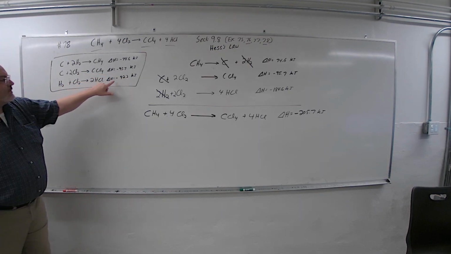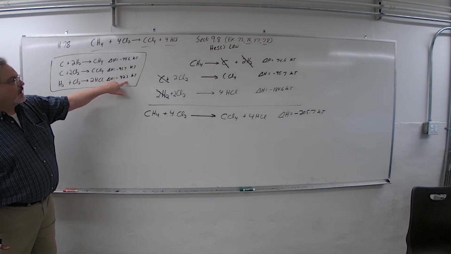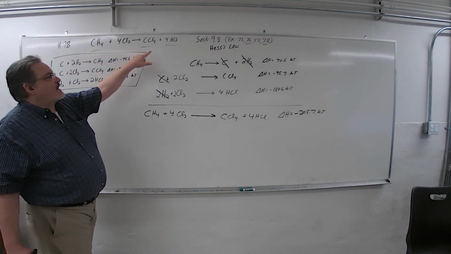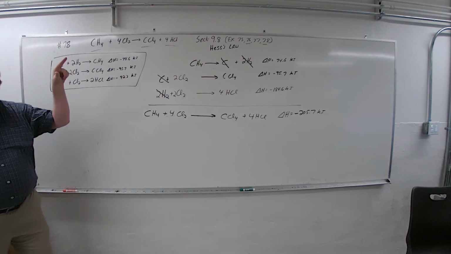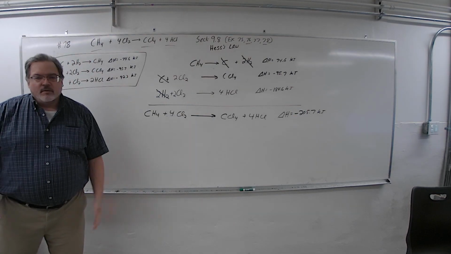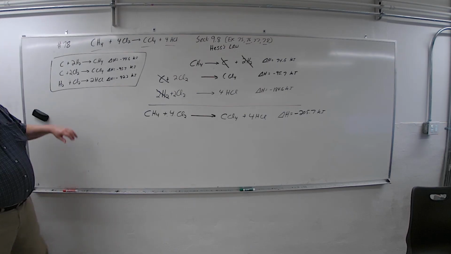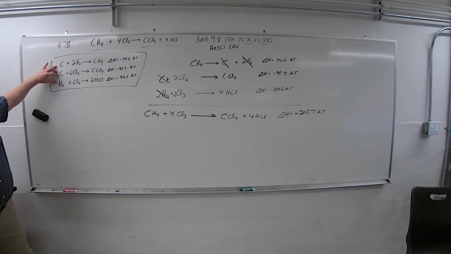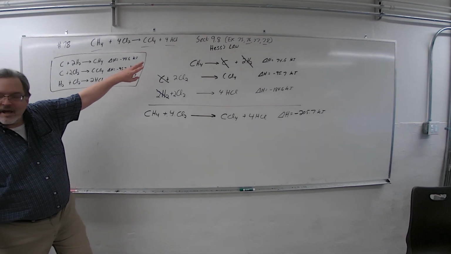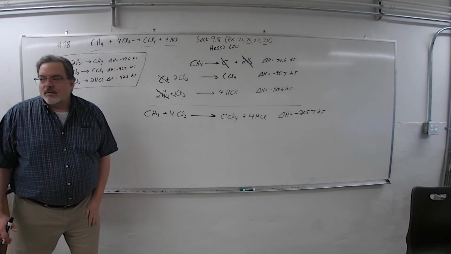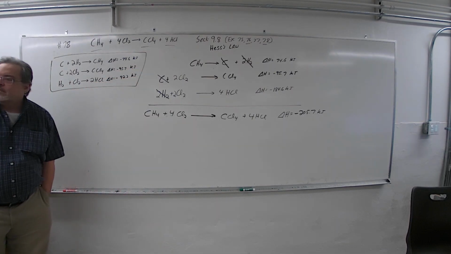Somebody ran this reaction and found that it was negative 92.3. And then here you are with a reaction you want to do, but you can't get into the lab because it was flooded or something. And you're like, well, gee, what would the delta H be for this? You can take these reactions that somebody's already done, manipulate them with some algebra, and estimate what the delta H is for that.